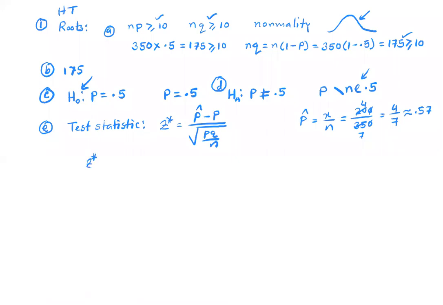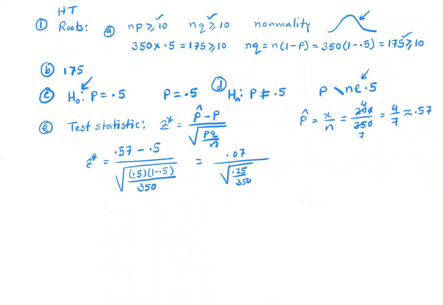Where I got confused was everything inside the square root. I was able to do 0.57 minus 0.5, which would be the 0.07. And then on the bottom, I put 0.5 times 0.5 divided by 350. And then that's where I kind of got stuck. The 0.25 divided by 350 is where I got stuck.